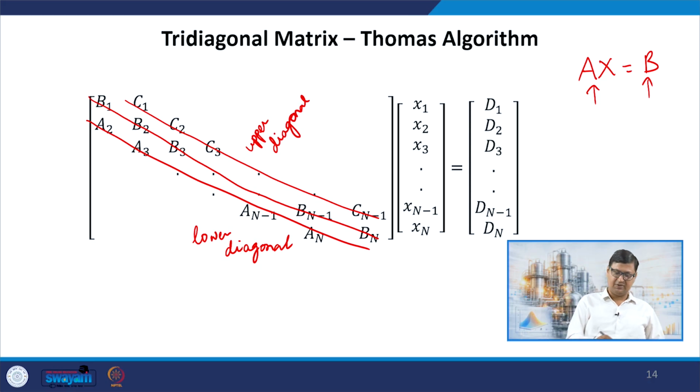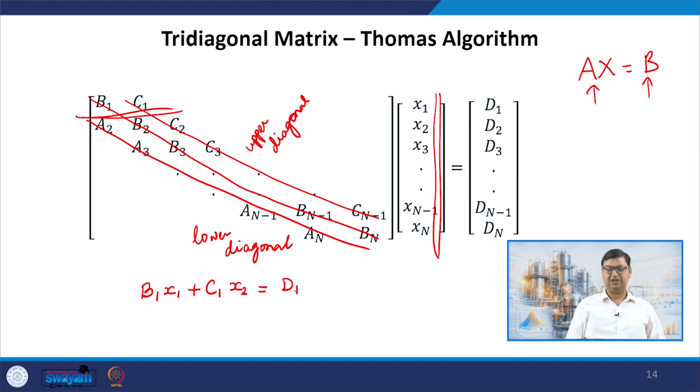So the first equation is coming from the first row multiplied with this column, and that gives me b1 x1 plus c1 x2 is equal to d1.